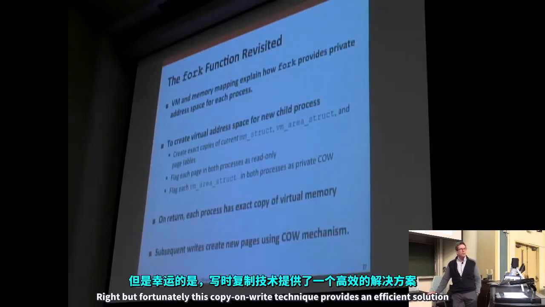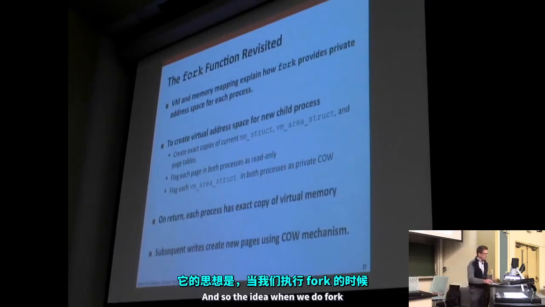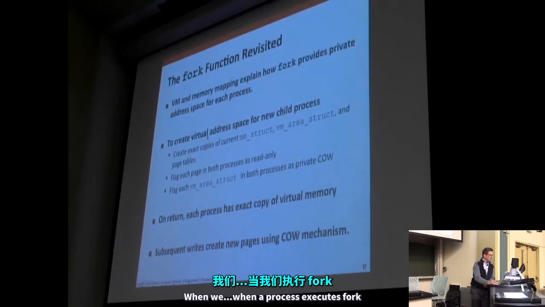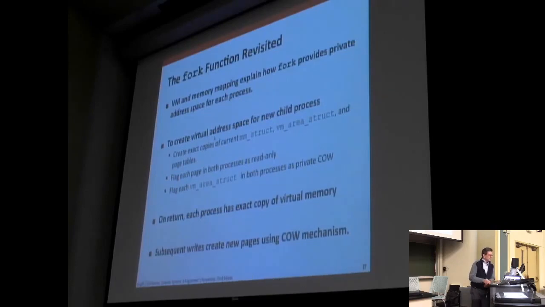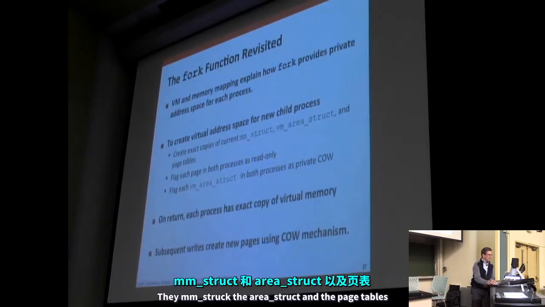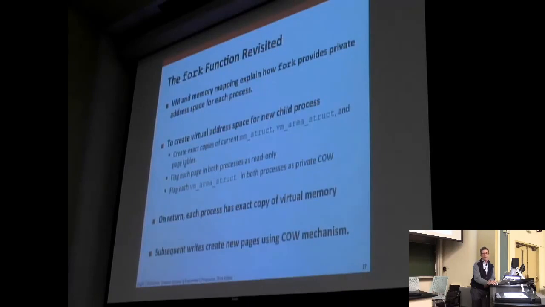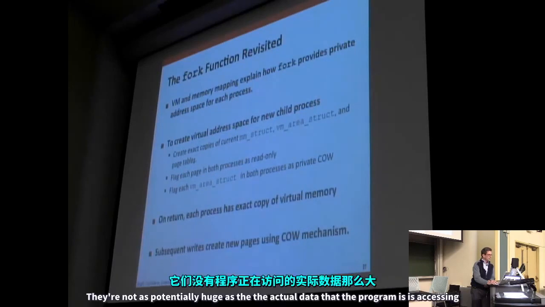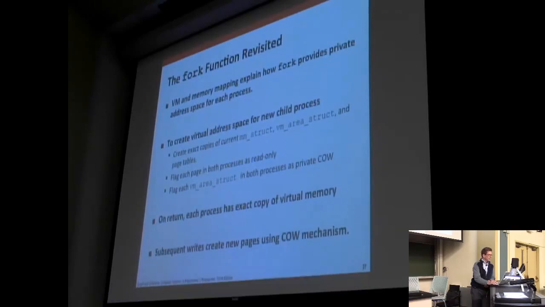Fortunately, this copy on write technique provides an efficient solution. When a process executes fork, the kernel has to create exact copies of all those internal data structures: the struct, the area structs, and the page tables. There's no way to get around that. But those aren't really huge. They're not as potentially huge as the actual data that the program is accessing.